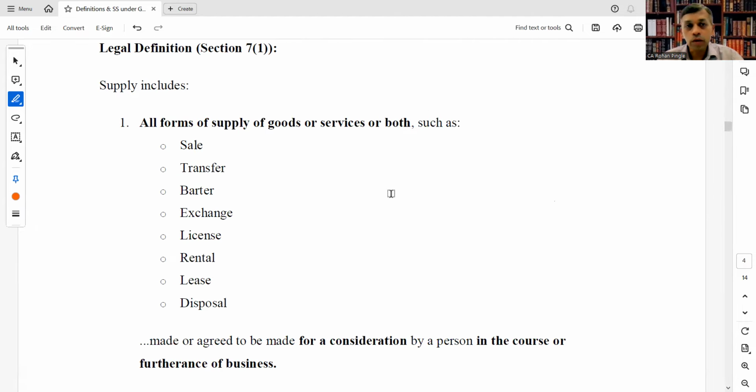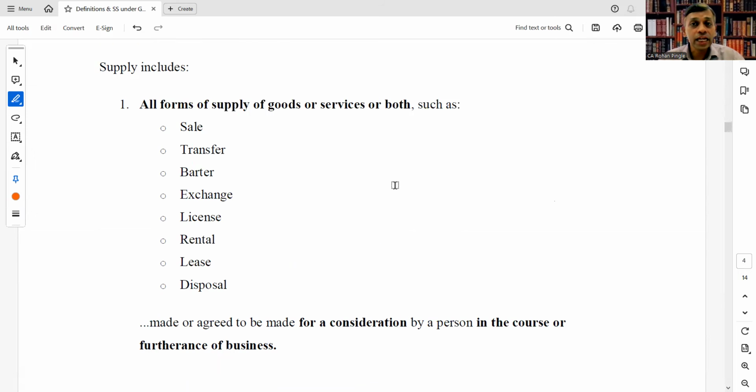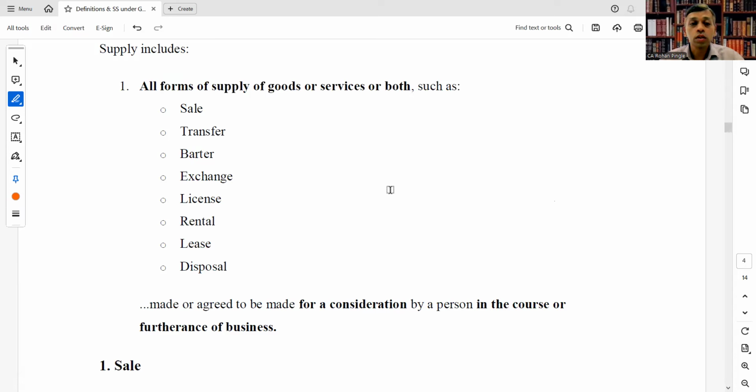Legal definition. Section 7, subsection 1. Supply includes all forms of supply of goods or services or both, such as sale, transfer, barter, exchange, license, rental, lease, disposal, made or agreed to be made for consideration by a person in the course or furtherance of the business.